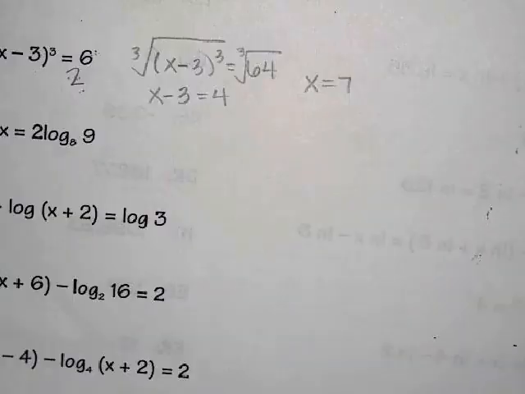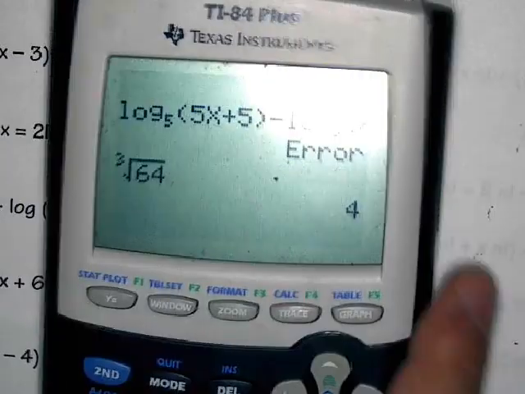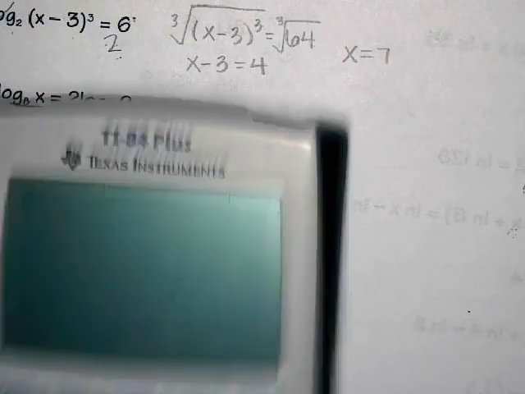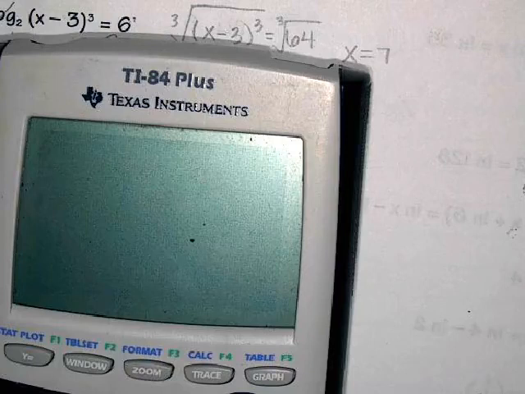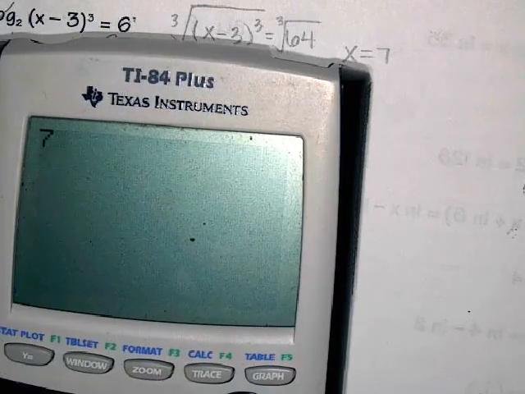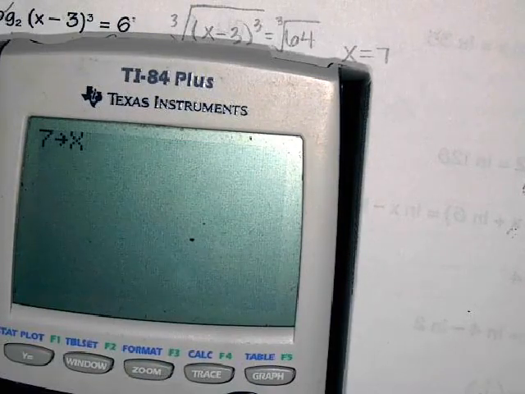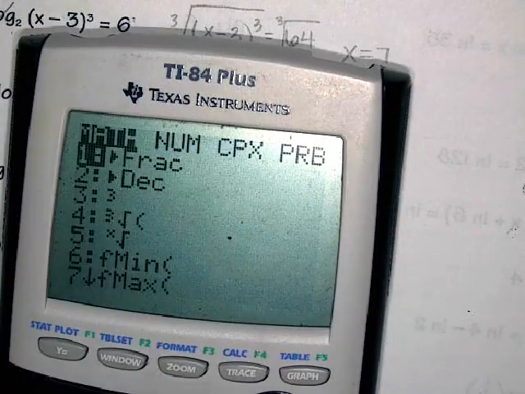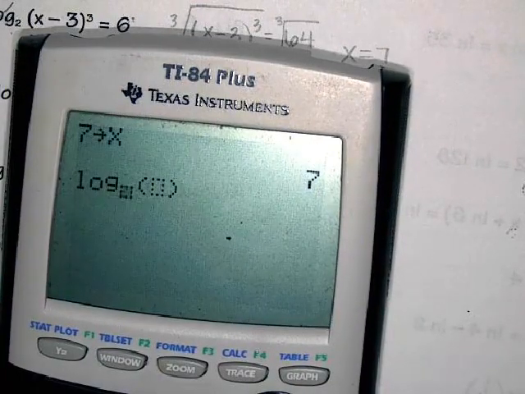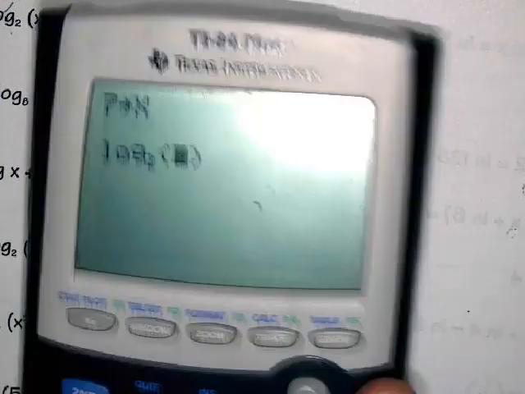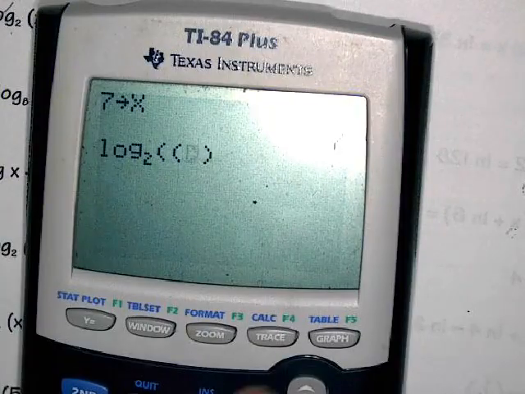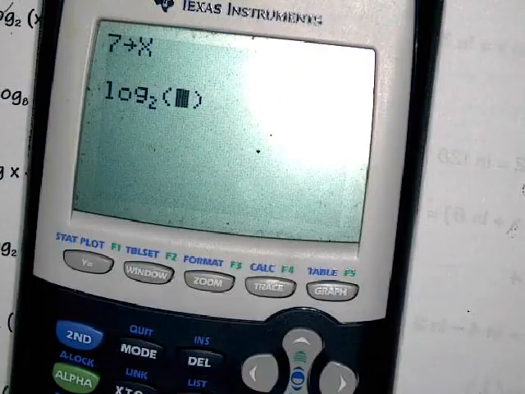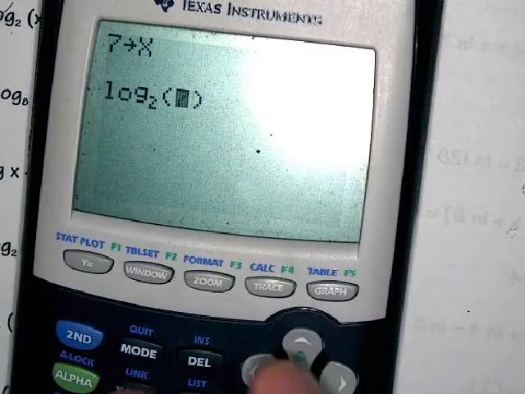Let's go back and double check the answer 7. Okay, so we've got 7, store it as x, and then we're going to do math, up, log base 2, x minus 3 to the third.